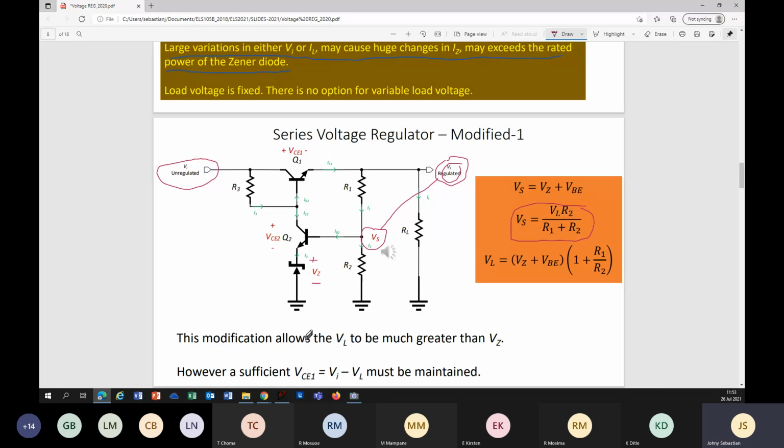This is an NPN BJT, so this is P and this is N. For an NPN BJT to conduct, P needs to be positive with respect to the emitter. Or basically, VZ plus VBE2 is V sample. Do you agree?